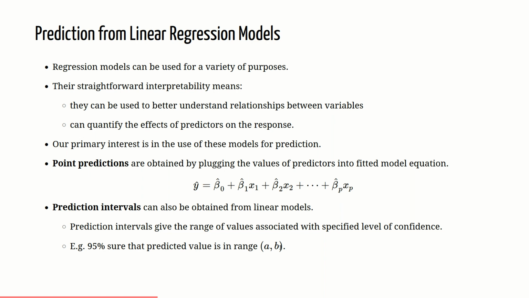So for example, we can say we want to be 50% sure, and so it'll give us a range of wages for which we're at least 50% confident that it will capture the true wage.